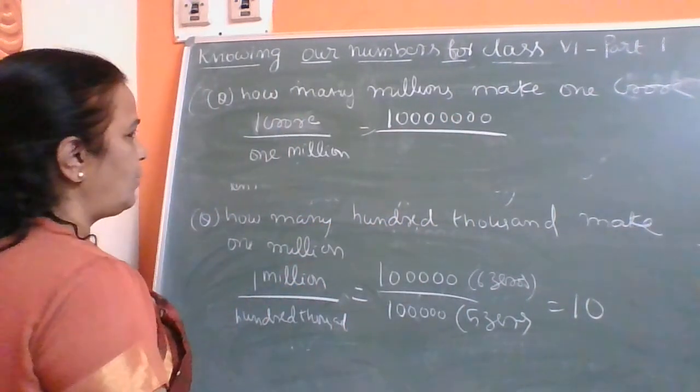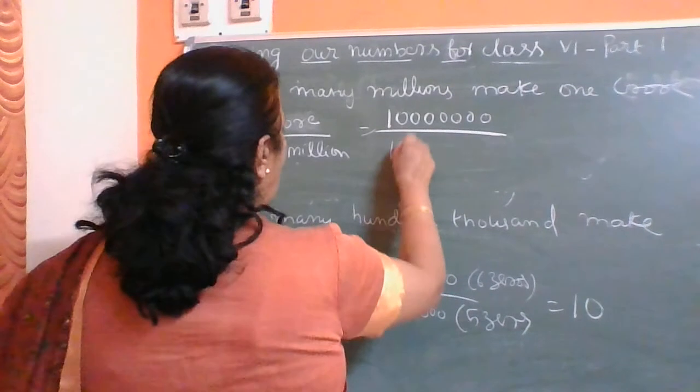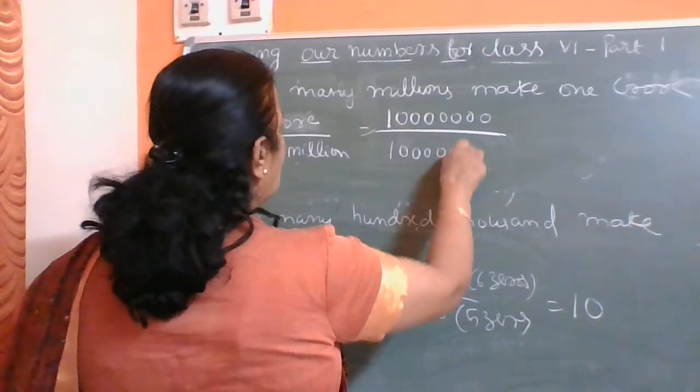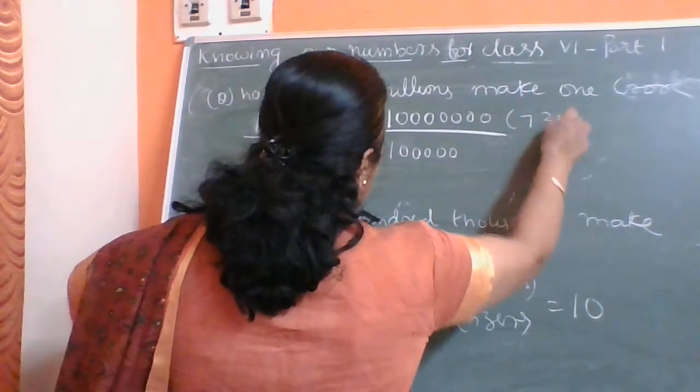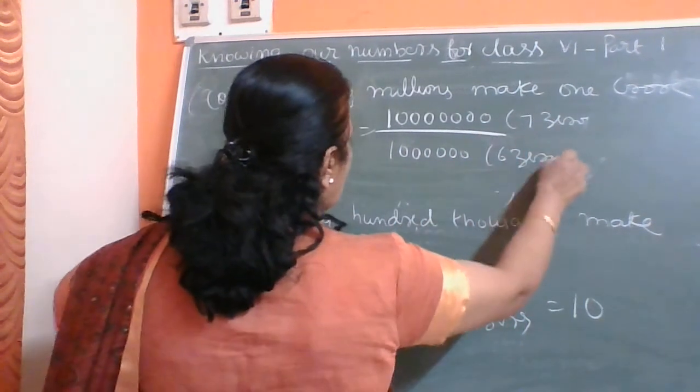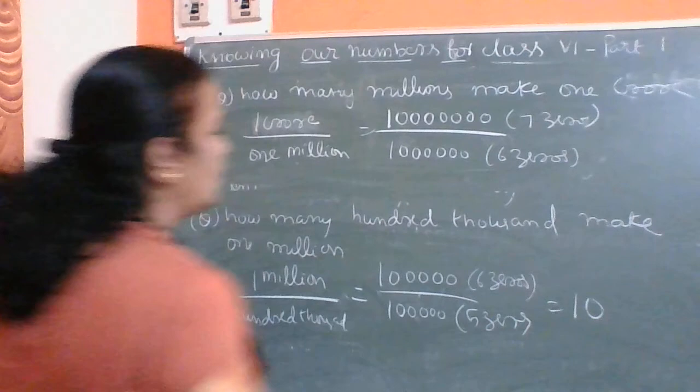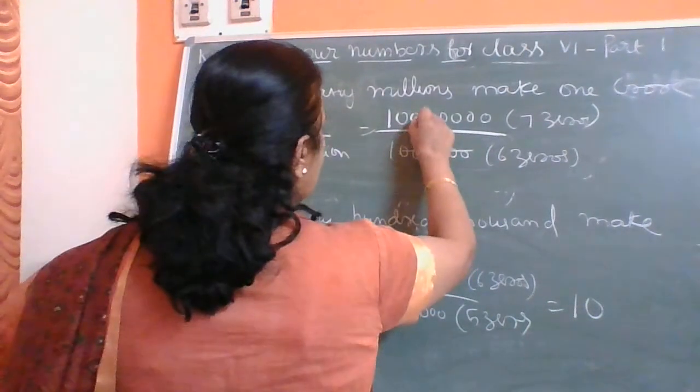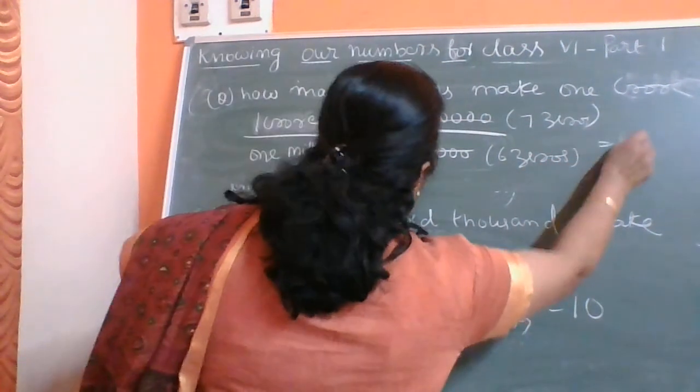And here 1 million means 1 followed by 6 zeros. Here these will get cancelled, and the result is equal to 10.